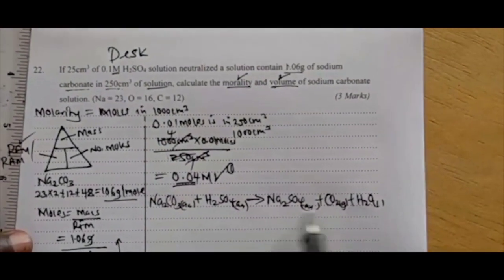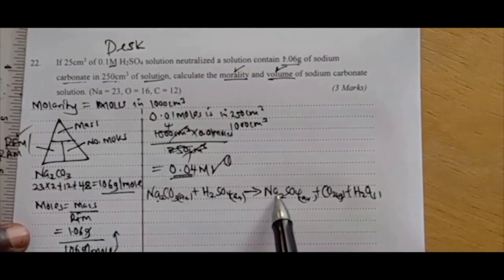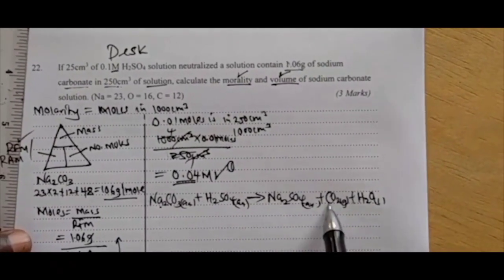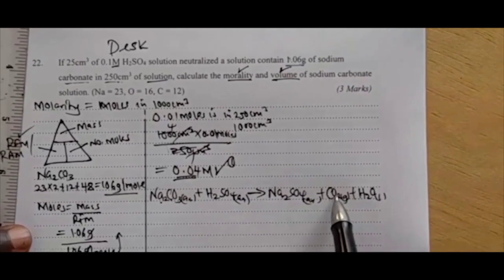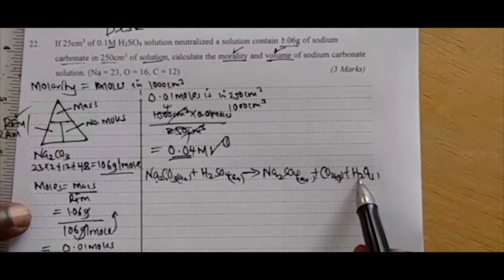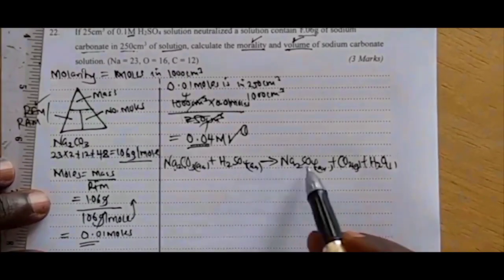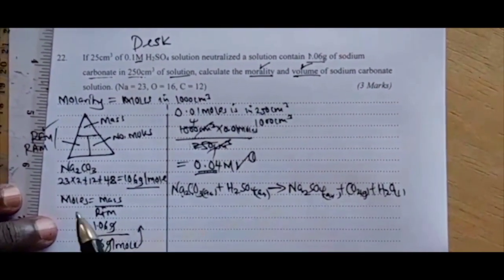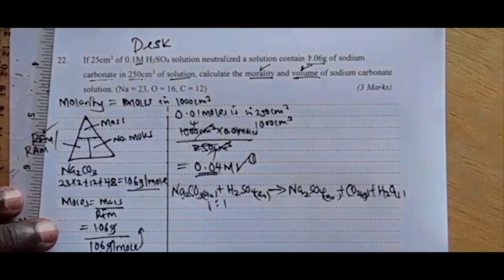We check, the equation is balanced: sodium is 2, carbon is 1, oxygen are 3 here, 2 plus 1, those are 3. Hydrogen is 2, sulfate as a whole is 1 on both sides. So mole ratio is 1 to 1.